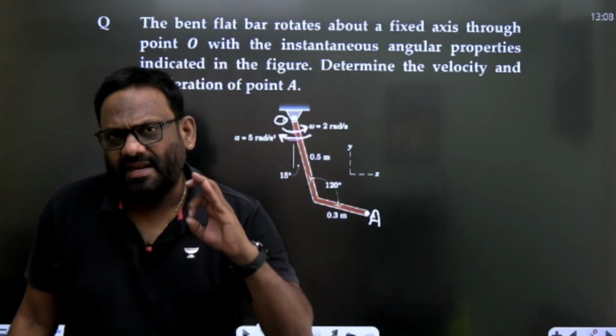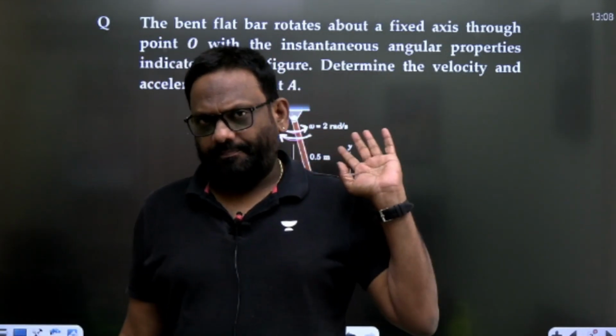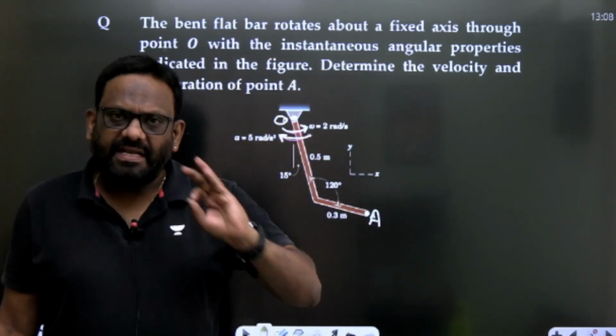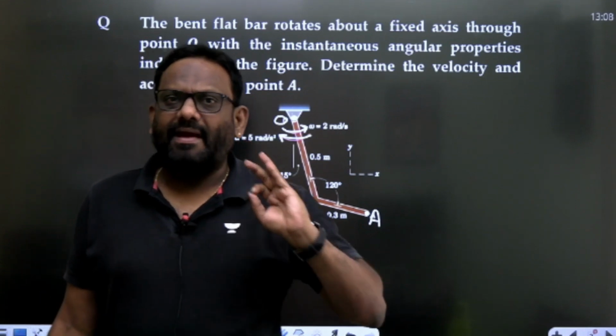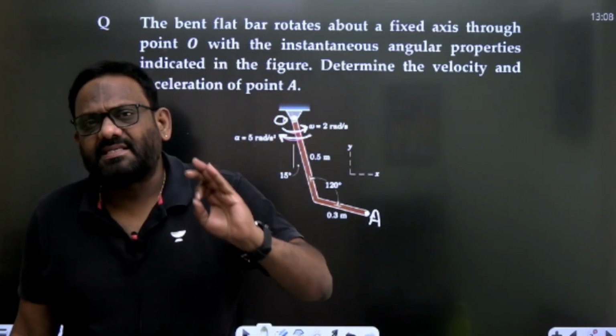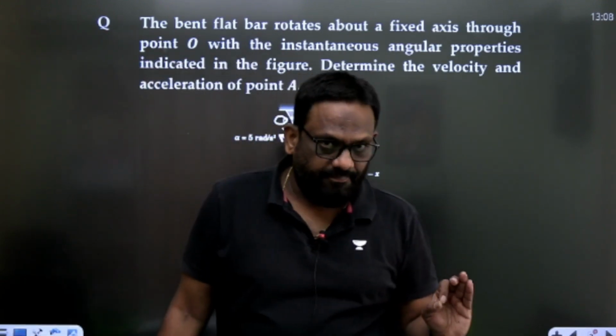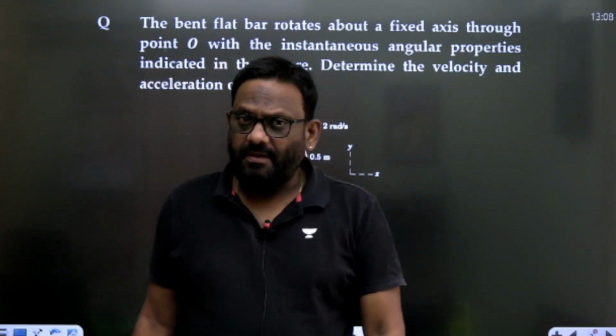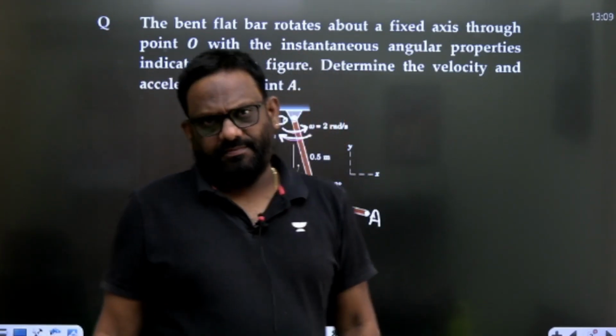The same question can be asked in two ways. He may be asking you the magnitude of velocity and magnitude of acceleration, or he may be asking the velocity and acceleration in vector form. Okay sirs, let's try to do both ways.